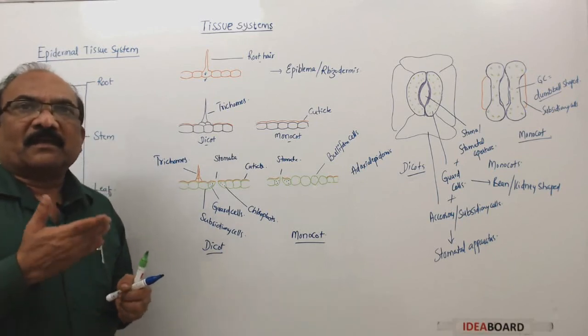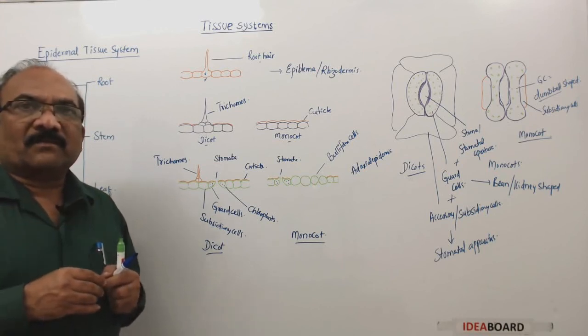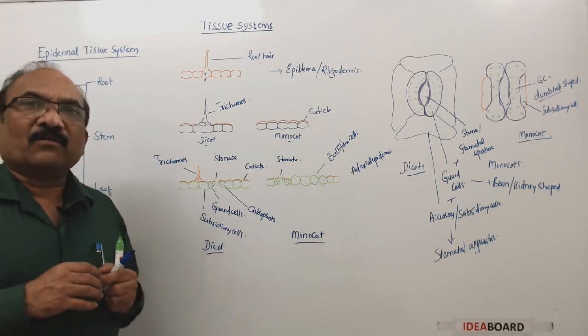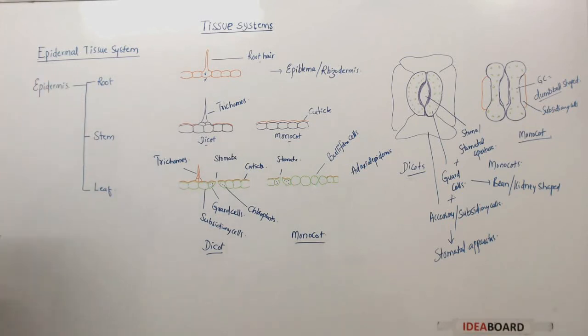Remember the point that it never closes completely, only partial closure. That is because these stomata not only help in transpiration but also help in gaseous exchange. So that is what about these stomata, epidermis.